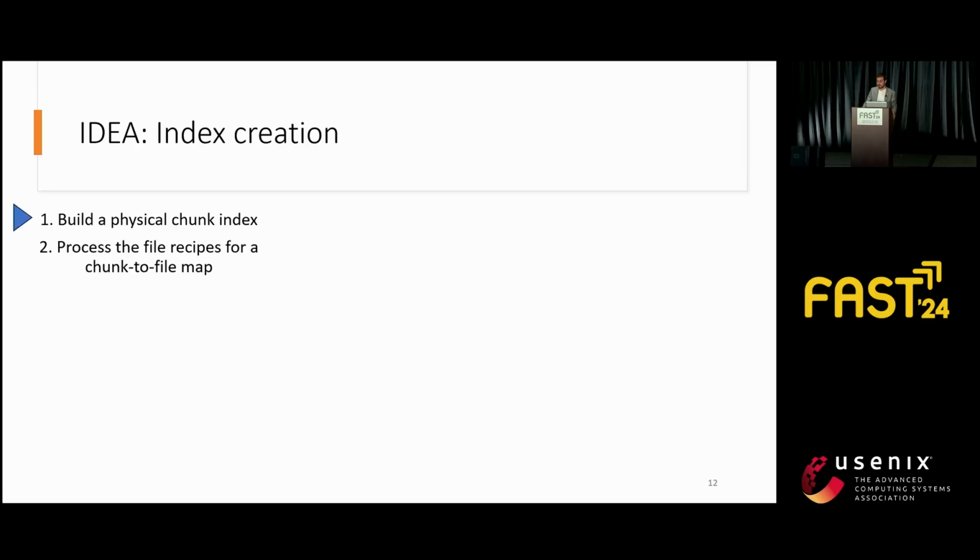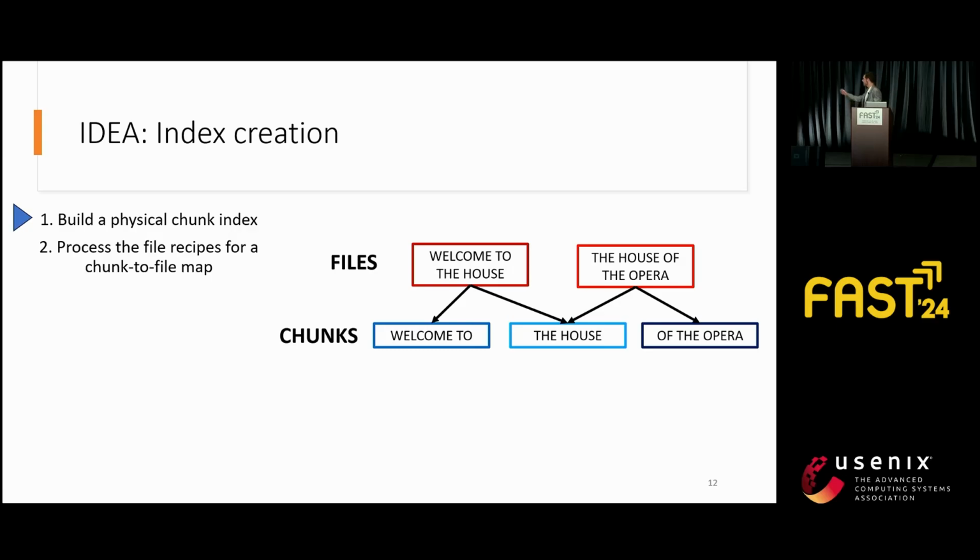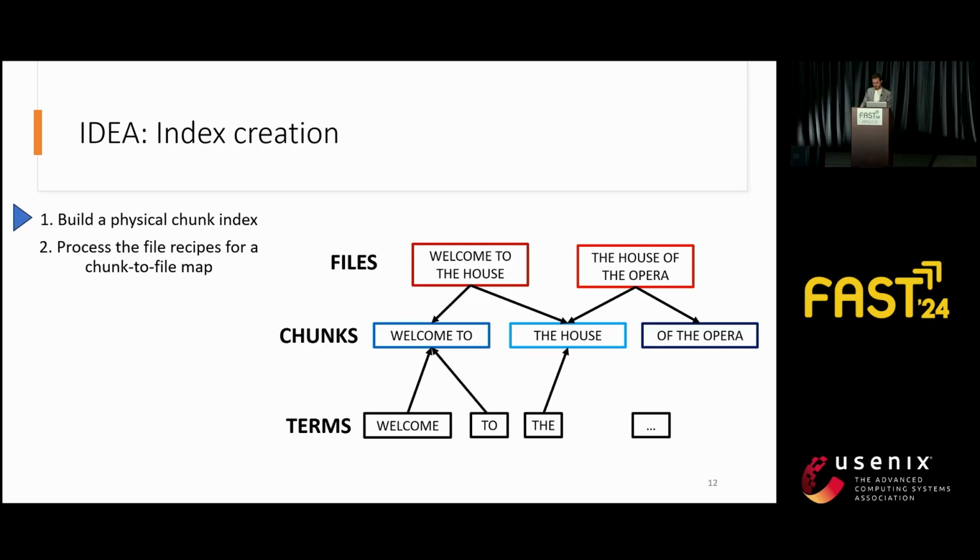And how we created the index was like that. Say we have a deduplicated system like that. We're going to build first the physical chunk index. As we said, we're going to treat the chunks as the documents, and the index is going to look like that. We'll have the terms, and then we'll go over the chunks and create the map from the terms to the chunks, and so on.